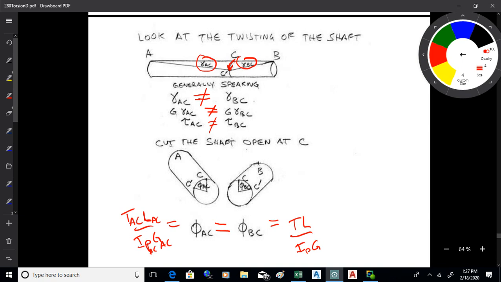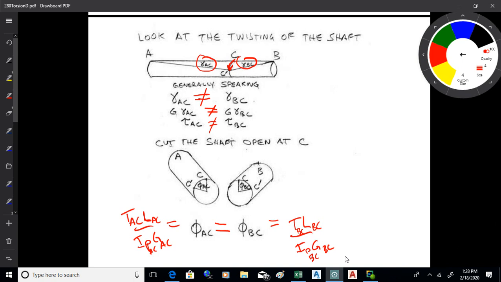So the TL over IG for AC is the same, will equal the TL over IG for BC, because when you measure that angle, it's the same angle. If you measure it from A to C, it'll be the same angle that you measure from B to C. So the thing that holds is the TL over IG for both sides.